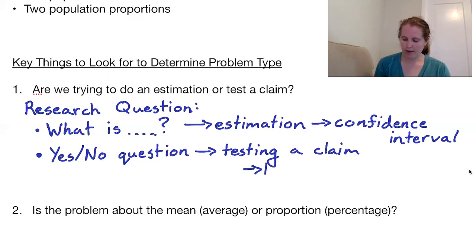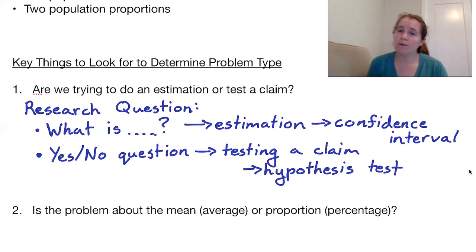And so it's a hypothesis test. So if we know what the research question is, then we immediately know whether we are doing a confidence interval or hypothesis test question. And we will see some example research questions at the end of this video.